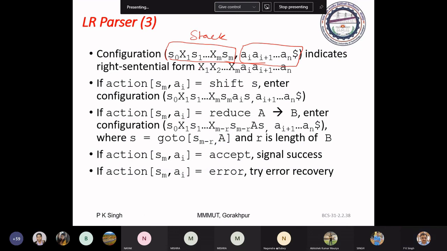Now, if we have this configuration, with sm the state on top of the stack and ai the current input symbol, the action table will say about the action. Action is shift s.